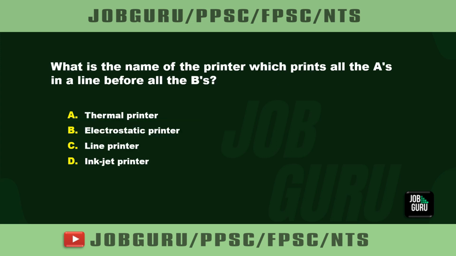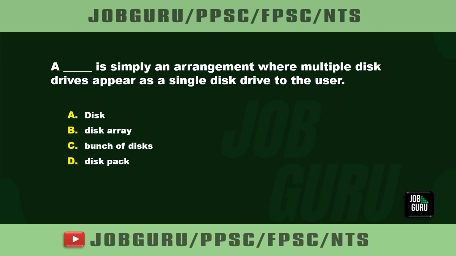What is the name of the printer which prints all the A's in a line before all the B's? A ___ is simply an arrangement where multiple disk drives appear as a single disk drive to the user.